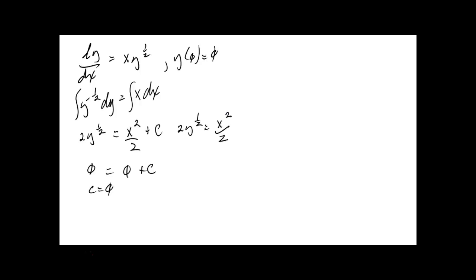All right, now if we divide both sides by 2, you get y to the 1/2 is equal to x squared over 4. If you square both sides, that would give you y is equal to x to the 4th over 16. Right?